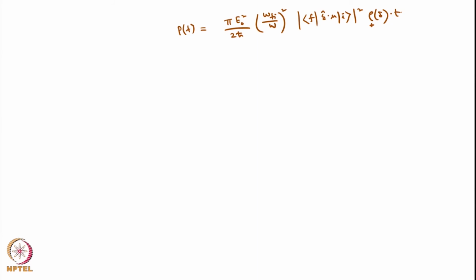Now, if I define something called WFI, this is nothing but the rate constant, sorry, the rate of absorption. That is the probability divided by time, so that is nothing but P of t by t.